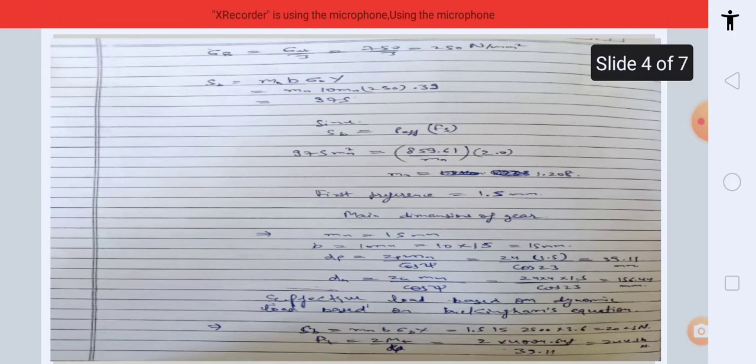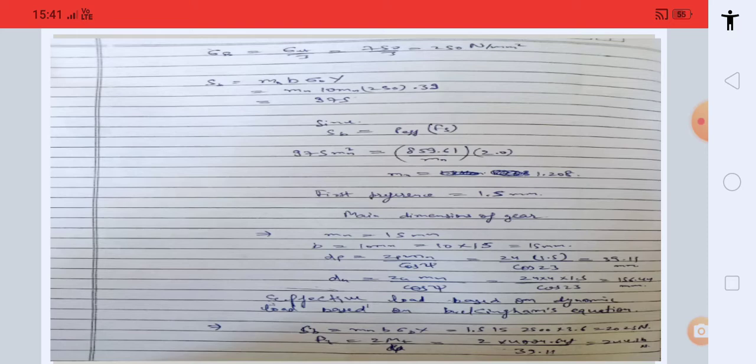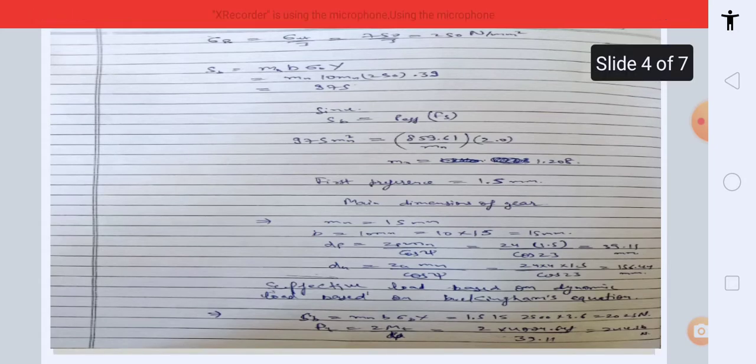So we will get Sb as 975 mn square. We know that Sb is equal to P effective into factor of safety. So 975 mn square, which is Sb, is equal to 859.61 upon mn, which is calculated from the previous page, into 2. So here we calculate the mn module as 1.208, and our first preference is 1.5.